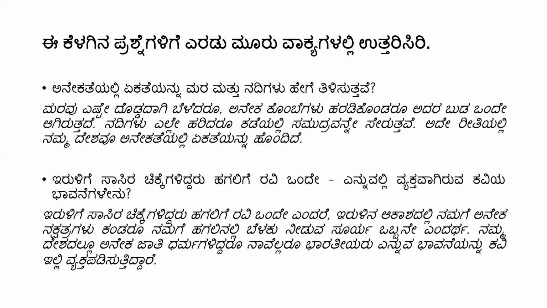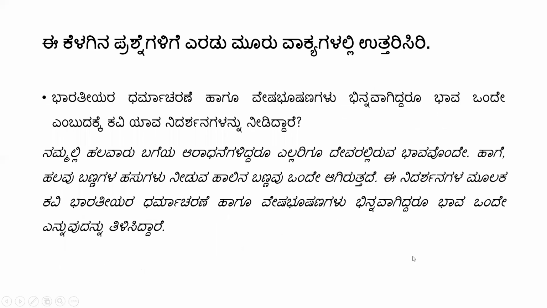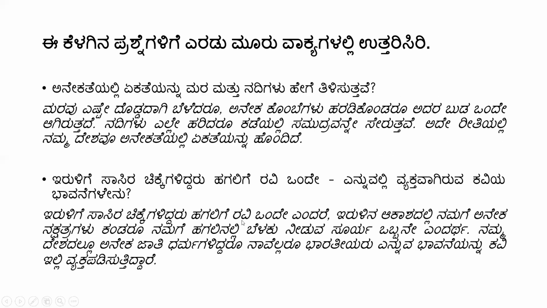Next line, you relate it to what emotion the poet is trying to express here. He is saying ನಮ್ಮ ದೇಶದಲ್ಲೂ ಅನೇಕ ಜಾತಿ ಧರ್ಮಗಳಿದ್ದರೂ ನಾವೆಲ್ಲರೂ ಭಾರತೀಯರು ಎನ್ನುವ ಭಾವನೆಯನ್ನು ಕವಿ ಇಲ್ಲಿ ವ್ಯಕ್ತಪಡಿಸುತ್ತಿದ್ದಾರೆ. So now what is he trying to explain here? He is saying even in our country we have a lot of jati dharma, a lot of religions, many castes, many groups, isn't it?